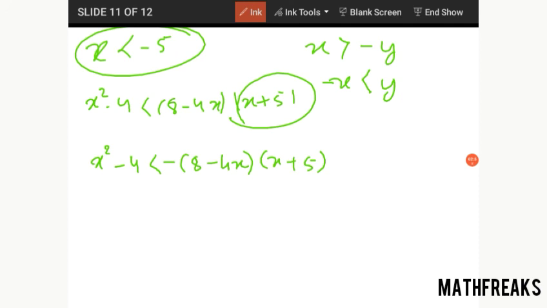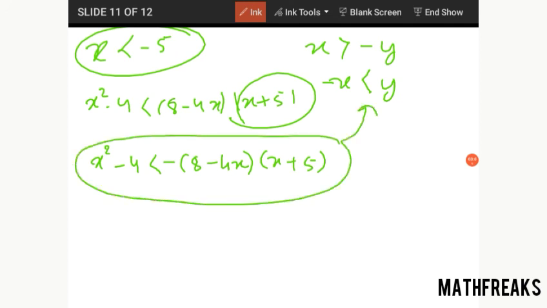Similarly, you can apply this logic here also, and if you multiply it and solve it, what you're going to get is, I'm directly writing the equation, 3x squared plus 12x minus 36 is greater than 0.